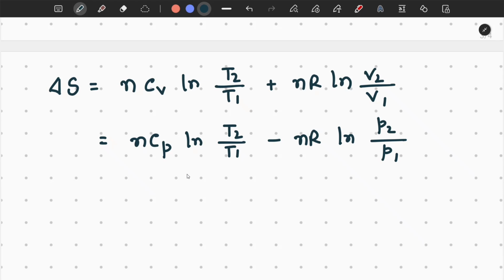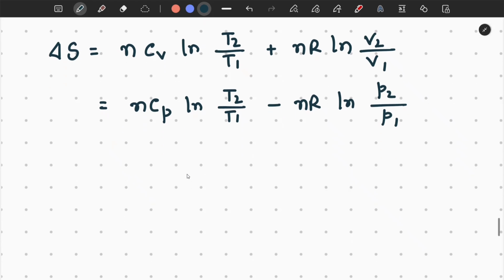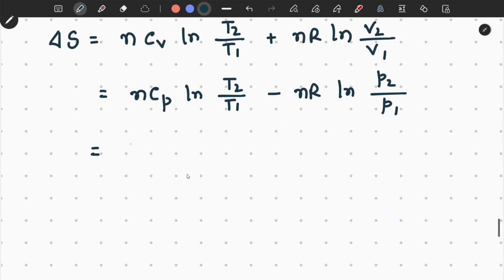This is an isobaric process because it is at atmospheric pressure, so the pressure term will be 0. Yes, so we should use this formula.